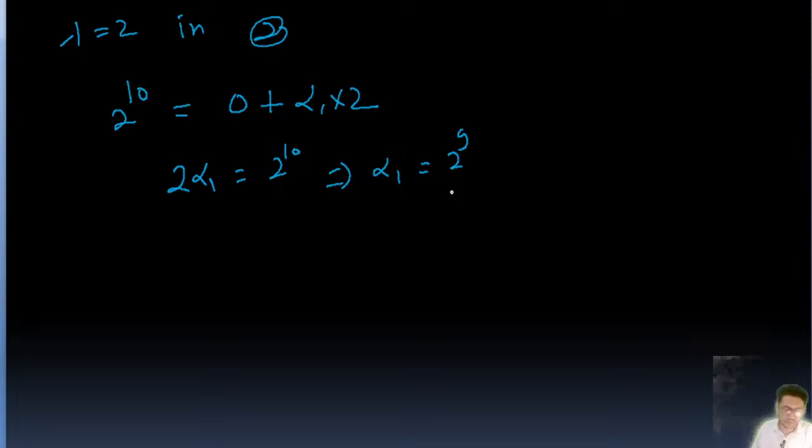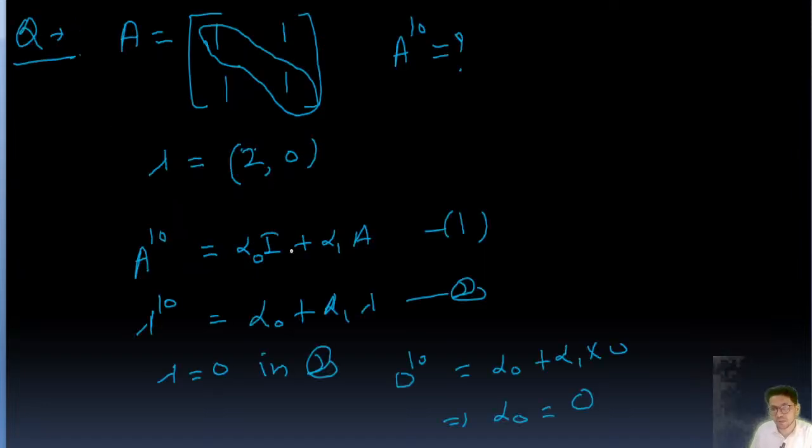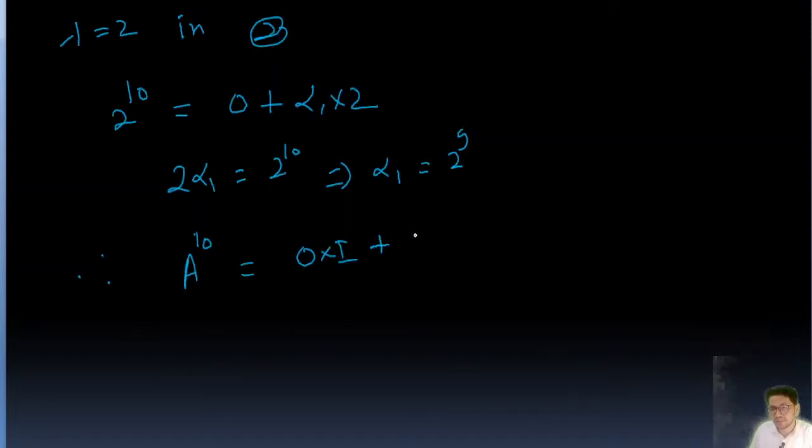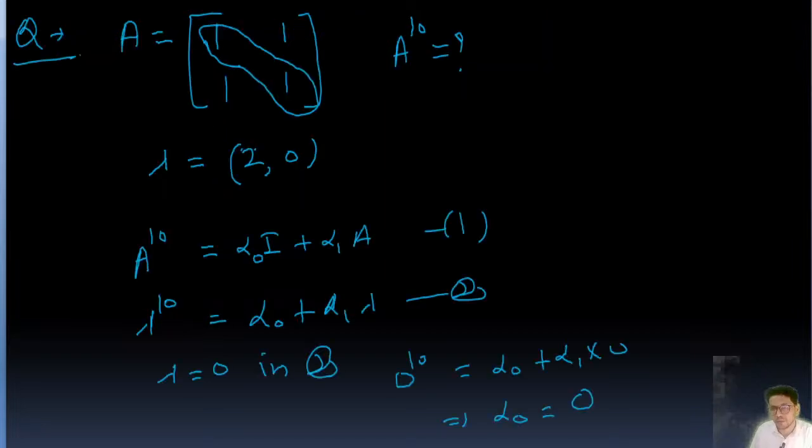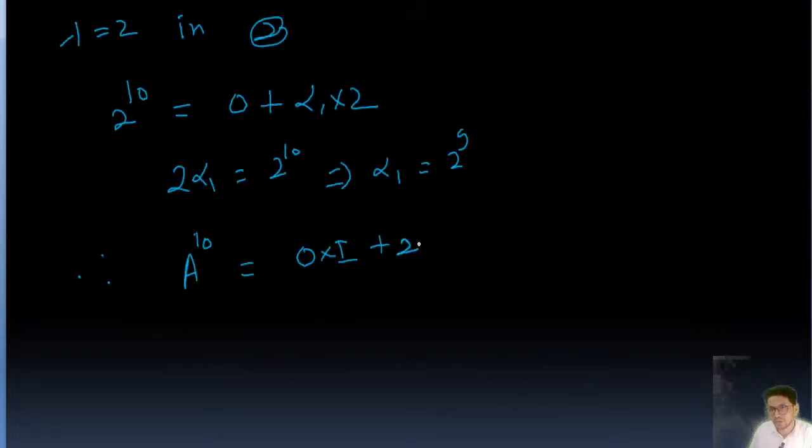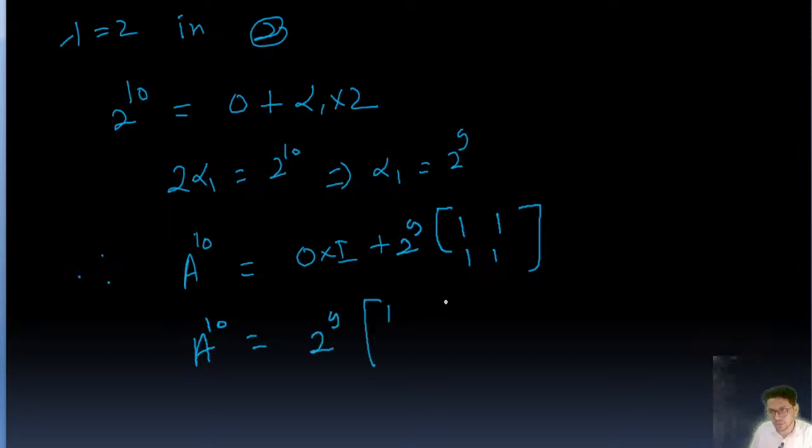Putting the values of alpha naught and alpha 1 in equation 1, A to the power 10 equal to 0 into I plus 2 to the power 9 into the matrix 1 1 1 1. So A to the power 10 is going to be 2 to the power 9 into 1 1 1 1. This is the answer.